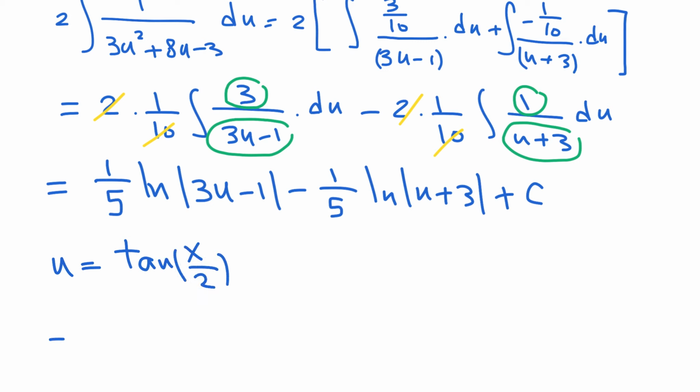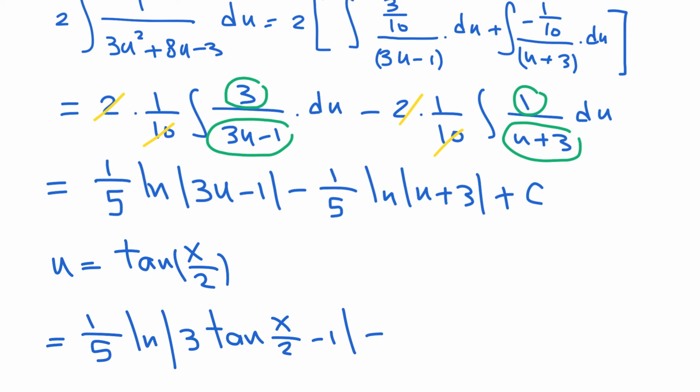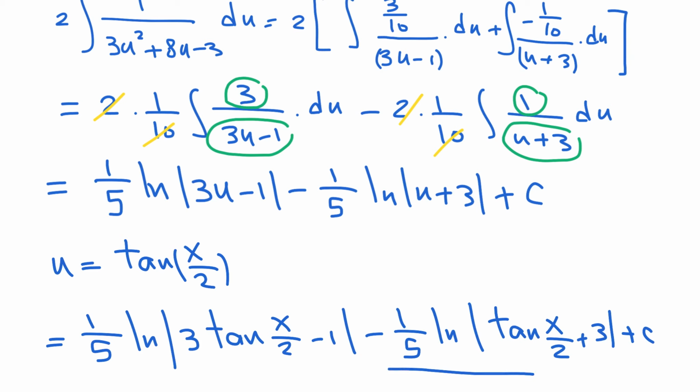So by substitution, it will be 1 over 5 logarithm of the absolute value of 3 tangent x over 2 minus 1, minus 1 over 5 logarithm of the absolute value of tangent x over 2 plus 3, plus C, which is the constant of the integration. And this is the solution of our problem today.